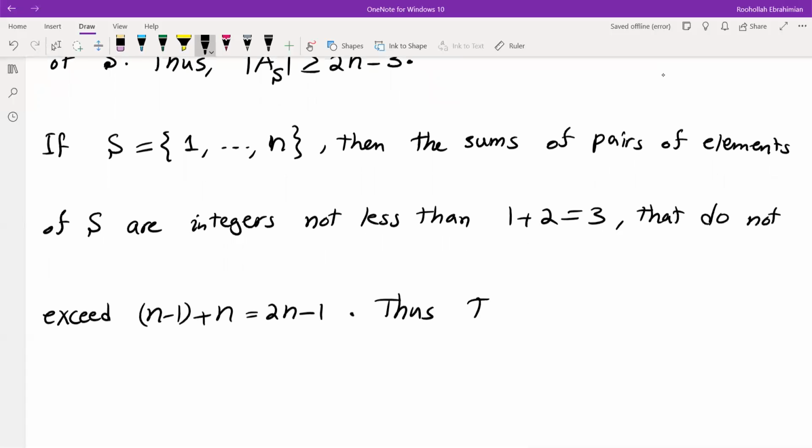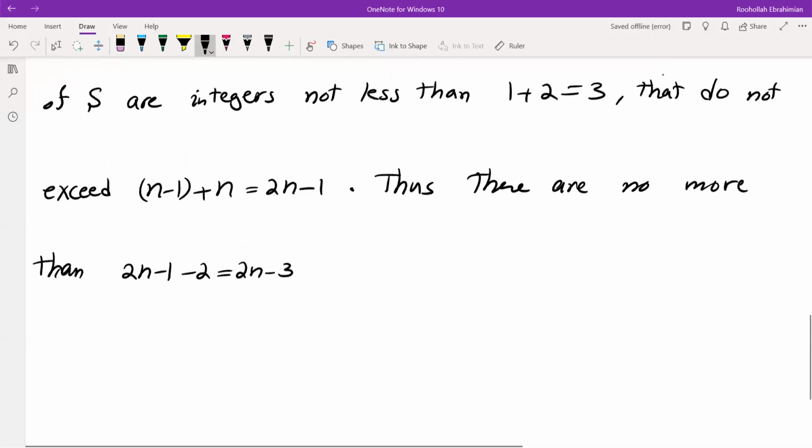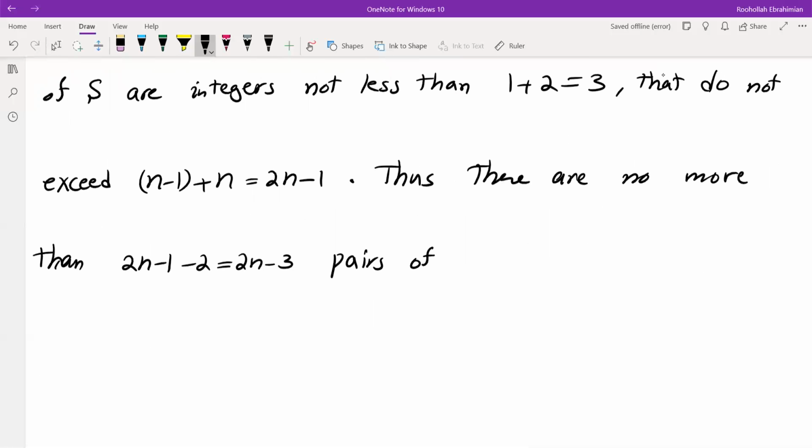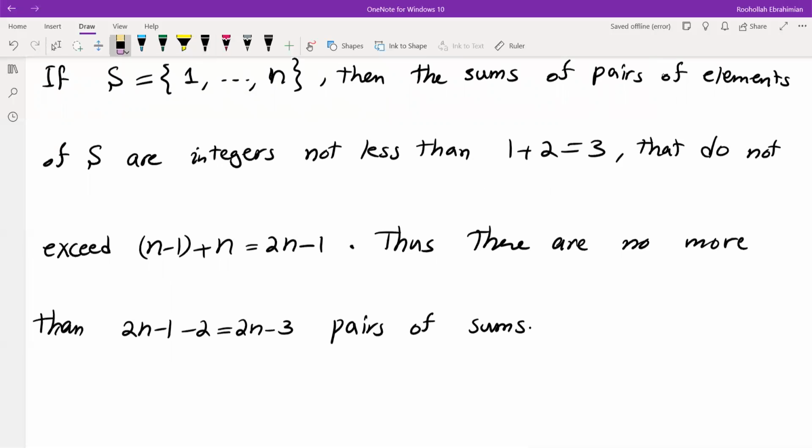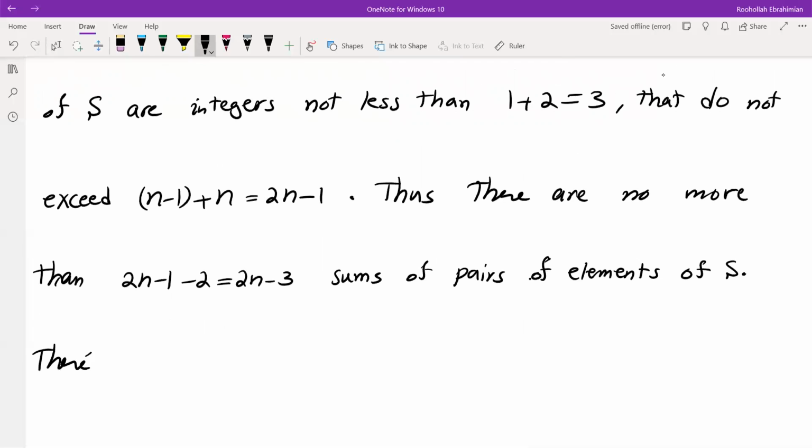Thus, there are no more than 2n minus 1 and then minus 2, 2n minus 3 sums of pairs of elements of S. Therefore, A sub S has at most 2n minus 3.